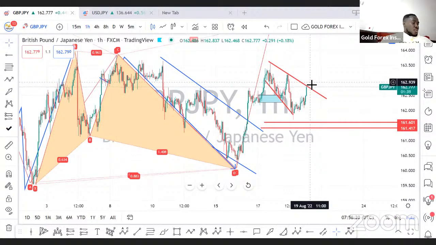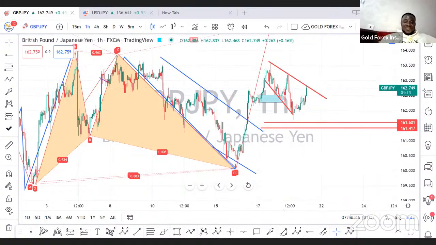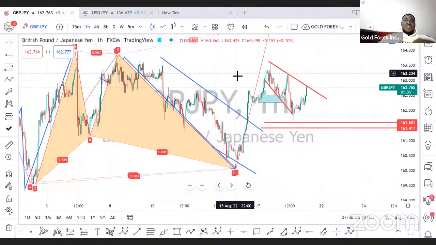Guys, someone in the VIP group, look at this. He said he has recovered all his money back. I don't know if you can see over here. And just with my signals, it's freaking amazing. What I'm seeing over here, you guys should. Anyway, that is the joy. The joy I have is how I'm able to impart into people's lives, and they're able to make a lot of money.